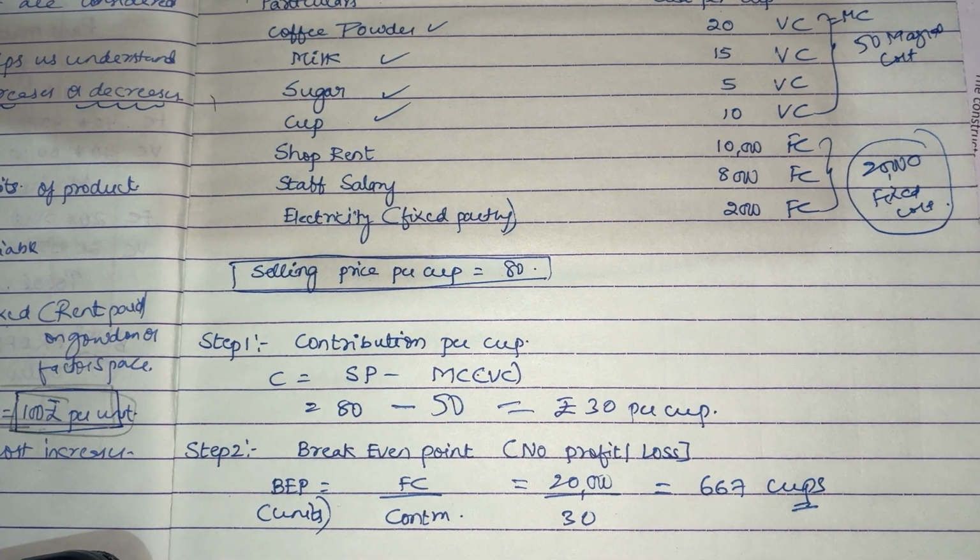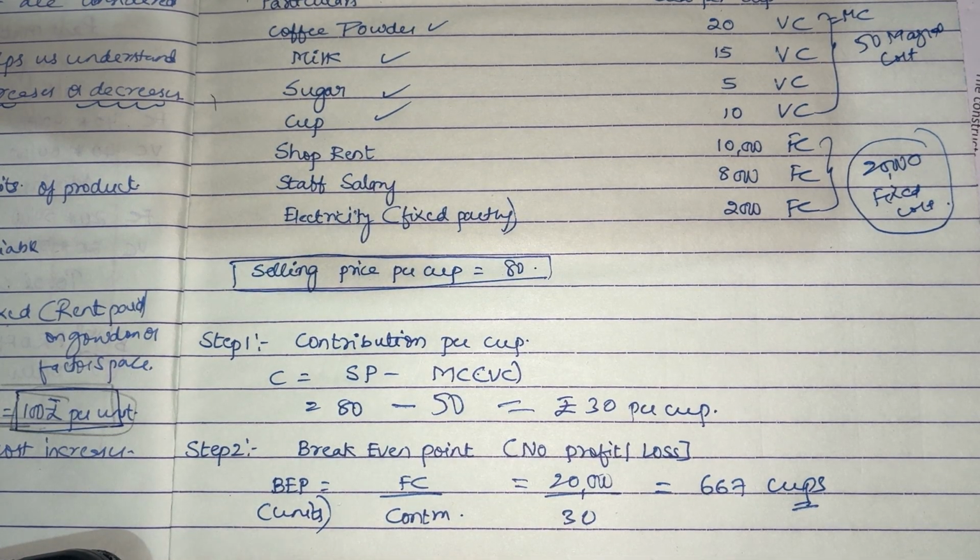Okay, so basically how it works is, for example, 667 into 30.